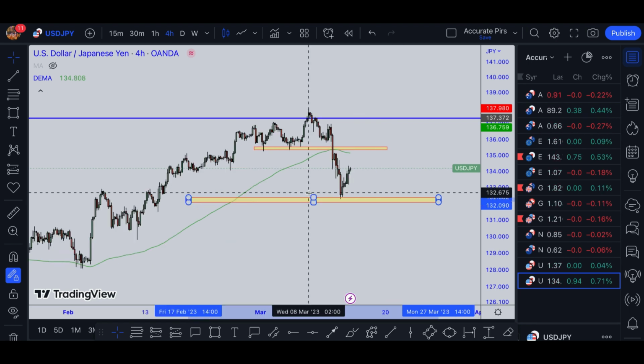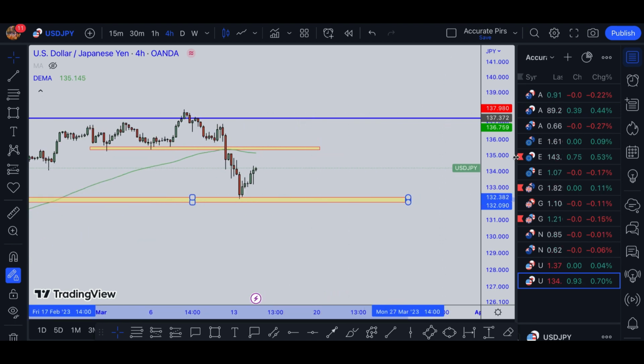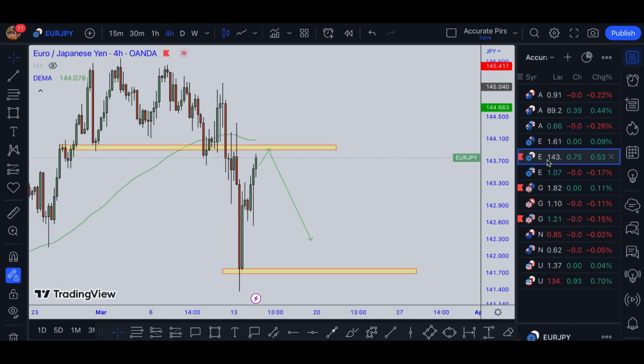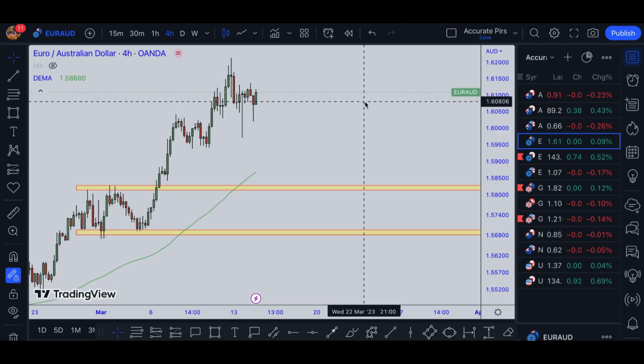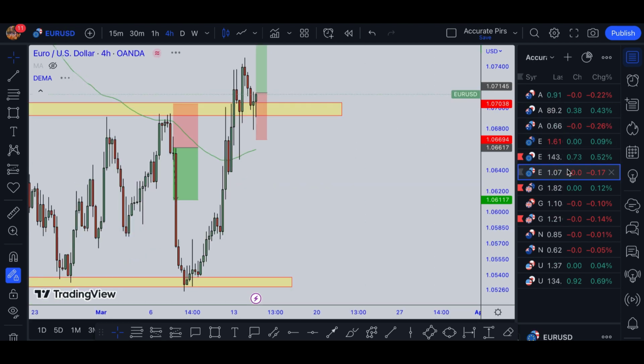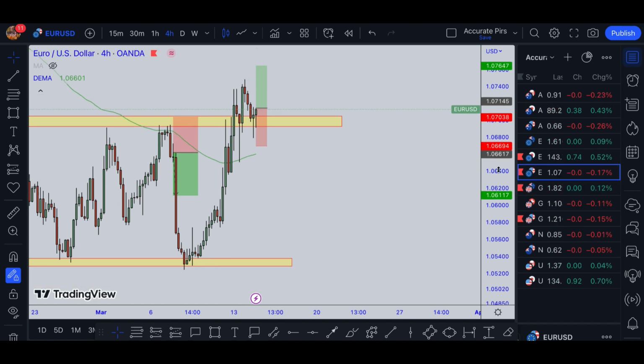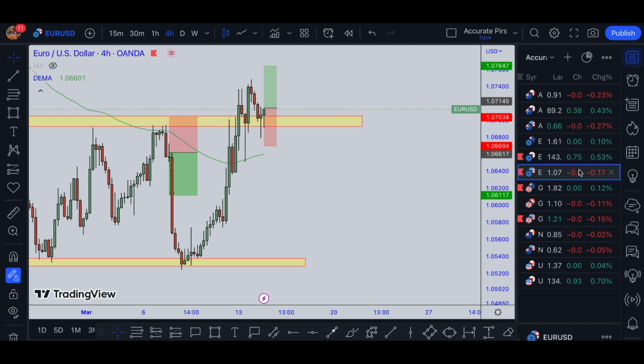So right, before I wrap this video up, let's have a quick recap of the trades that I'm looking at this week. So right, I'm looking at Euro JPY, waiting for the market to touch this resistance level right here and see how it reacts. Also just took a trade on Euro USD as well. You can see I've gone live on Euro USD, so I'm going to add that to my watch list as well.